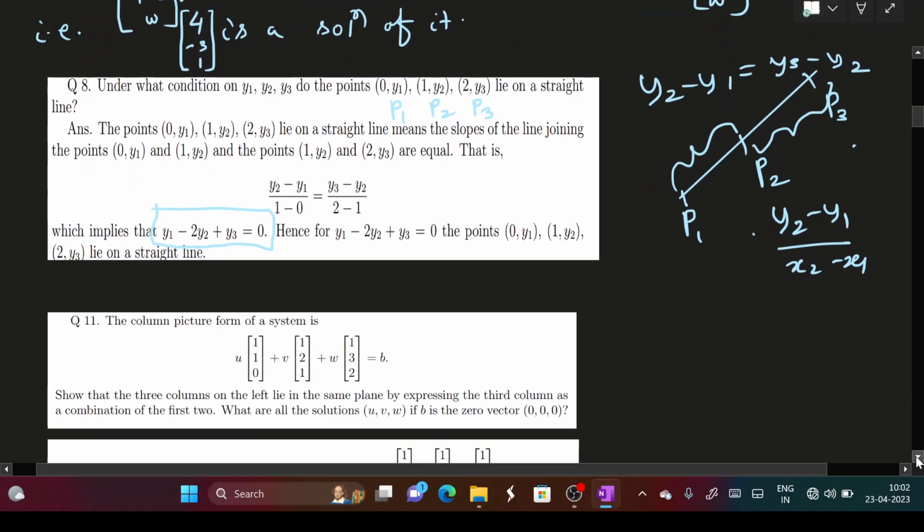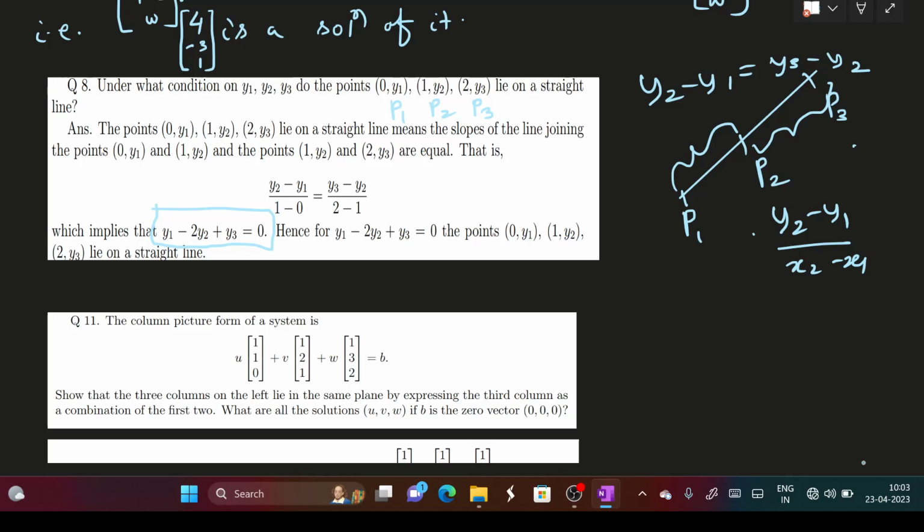Next question is, the column picture form of a system is given here: U multiplied with the vector (1, 1, 0), plus V multiplied with the vector (1, 2, 1), and plus W multiplied with the vector (1, 3, 2), is equal to right hand side vector B. So that the three columns on the left lie in the same plane, by expressing the third column as a combination of the first two.